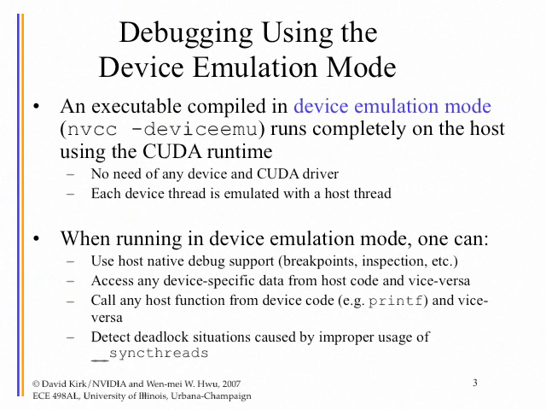So there are two things about it. One is there's no need for any device or CUDA driver. Even if you don't have the CUDA card, even if you didn't install the CUDA driver, the code runs. It's self-contained and only runs on the host. Each device thread is emulated with a host thread, essentially a P thread.